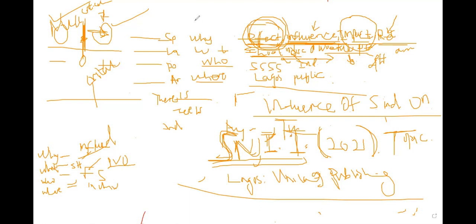Then after that you write the year. The year is 2021, in brackets. Then you put a full stop again. Then write the topic, a full stop, then the state, then you put a colon.